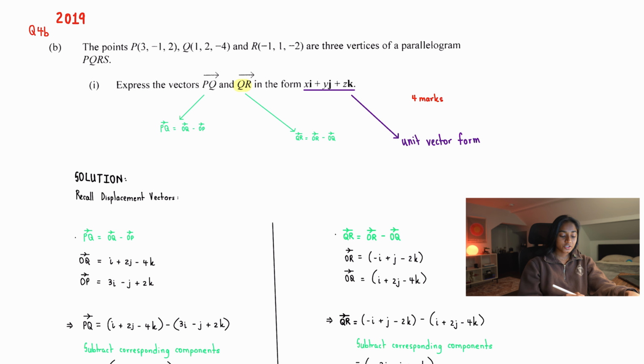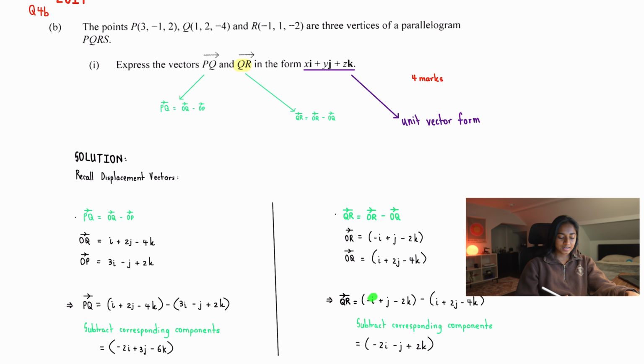Now to find QR. QR, again, the same rule. It would be equal to OR minus OQ, okay? So, again, we're placing them here and we're going to subtract them. So, OR minus OQ, okay? And we're going to do this.